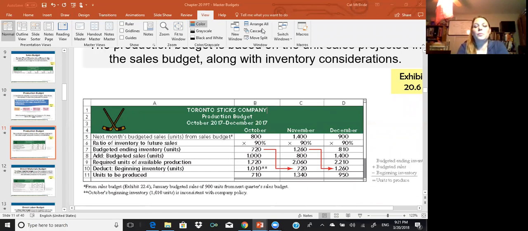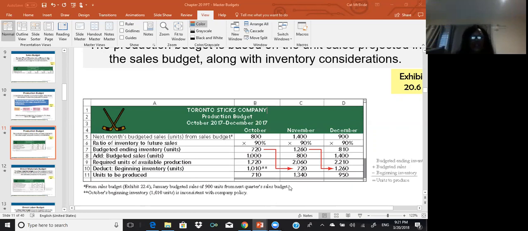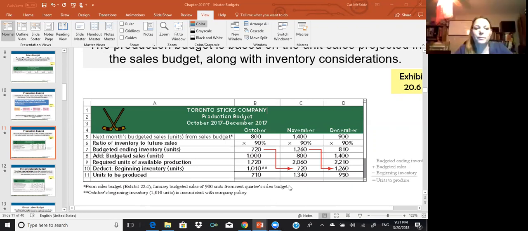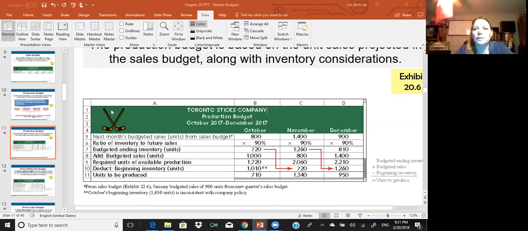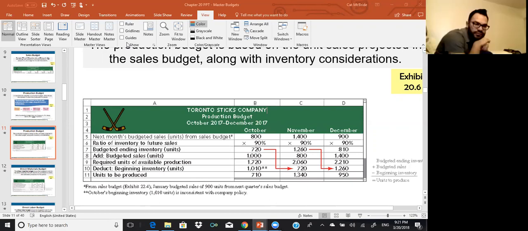It's in the way, I can't see the numbers. Can you move your people? Yes, you can move it.